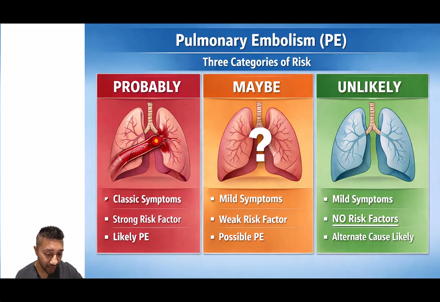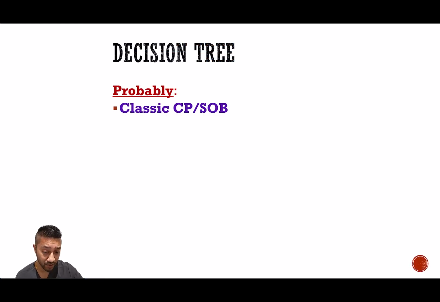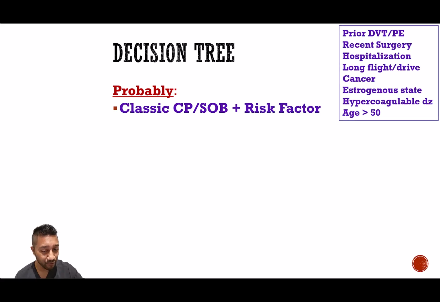Now, patients in the probably group have very classic or even severe features of PE. For example, if your patient has that classic pleuritic chest pain and shortness of breath, plus any of those risk factors we talked about, then they probably have a PE, and these guys need to go to CT next for confirmation.